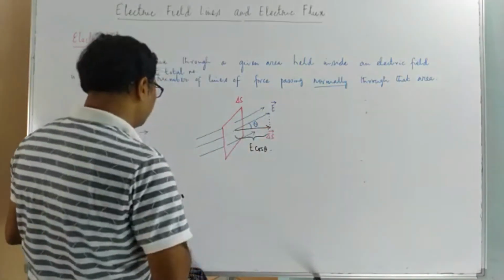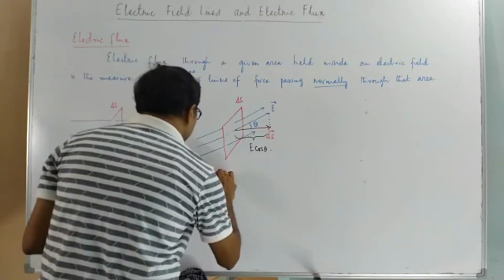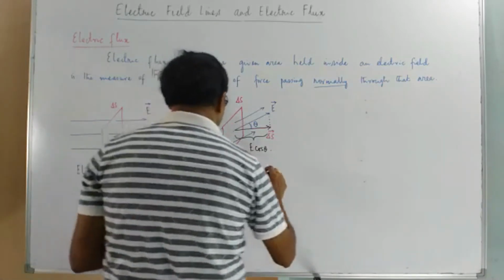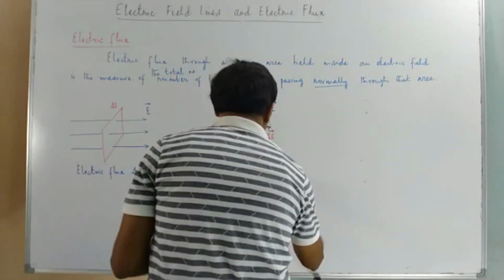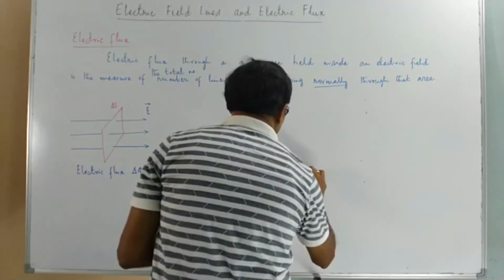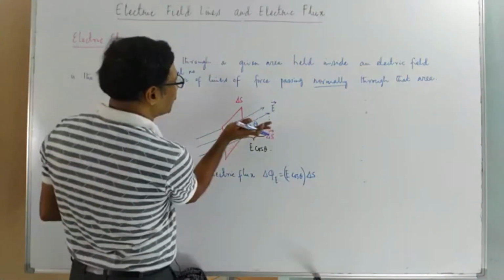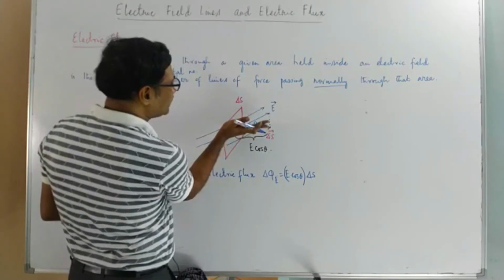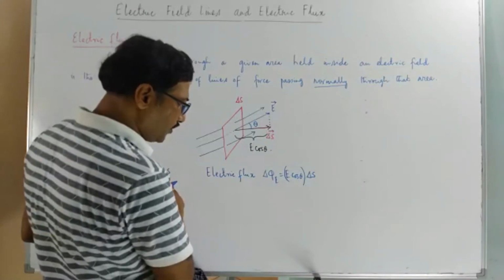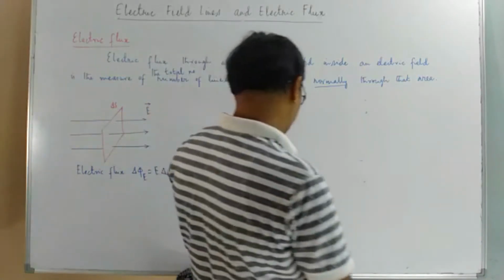In that case, electric flux is defined as delta phi E is equal to E cos theta into delta S, because now you can see E cos theta is the component of electric field which is normal to the given surface area. Okay.